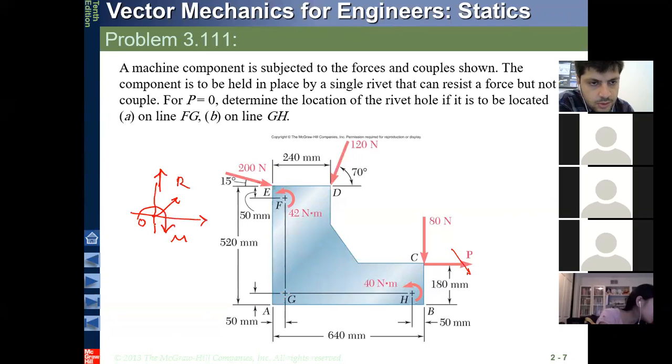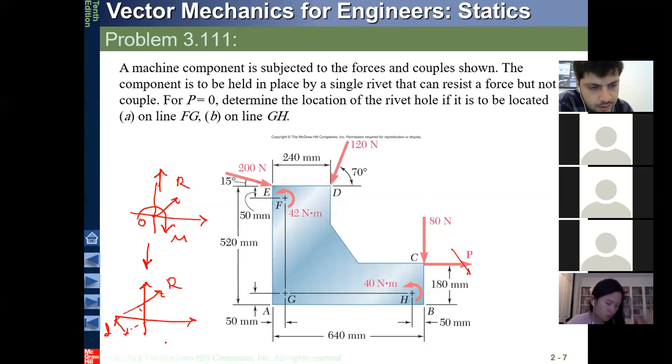So then you have to make a force couple equivalent system that has a distance d from the origin, and this d is equal to m over r.